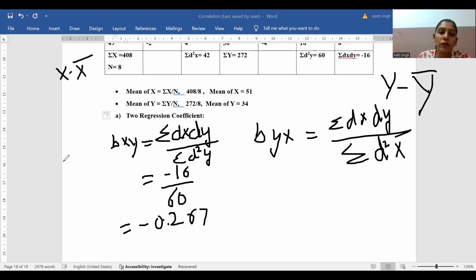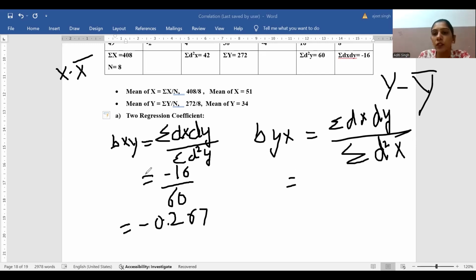So when we calculate the coefficient bxy, we use the formula sum of dx dy divided by sum of d square y, and when we calculate the regression coefficient byx, the formula is sum of dx dy divided by sum of d square x.